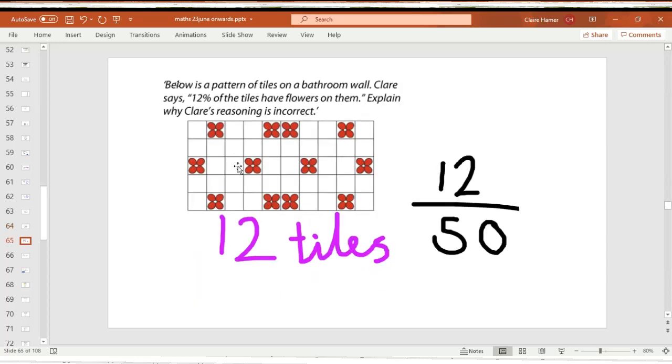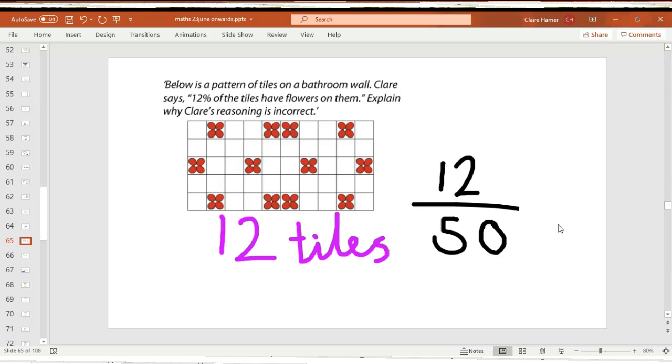So on this wall, 12 50ths have patterns on them. Now, as we did before in the bracelet question, you need to write down, what do you need to write down? If you're confident, pause the video and turn 12 50ths into a percentage.